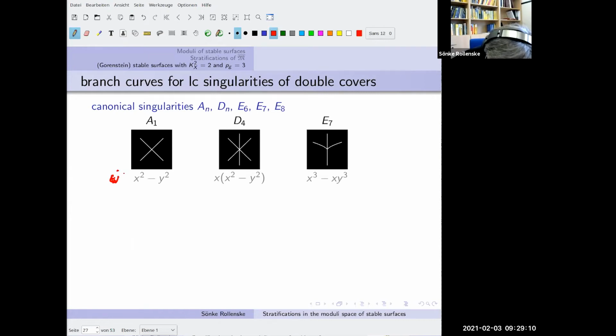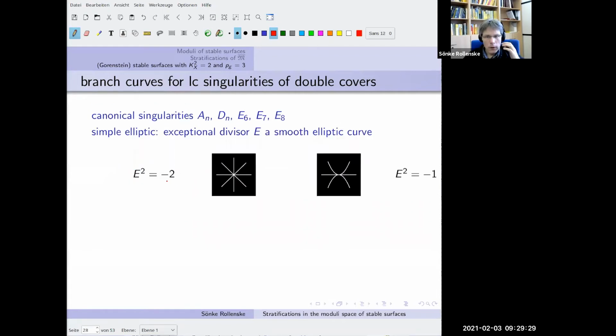No, it was called W. So W squared minus this one in front of it, and this gives me the A1 surface singularity. So that's the way you do it. Here are the canonical singularities, and these we know well. Then we might get simple elliptic singularities where the exceptional divisor is a smooth elliptic curve.